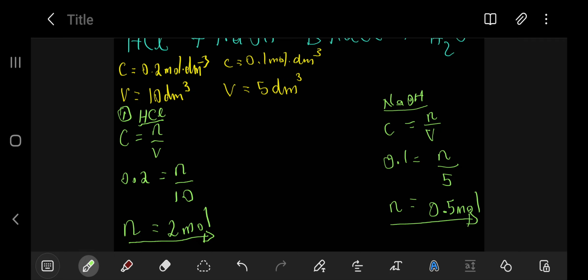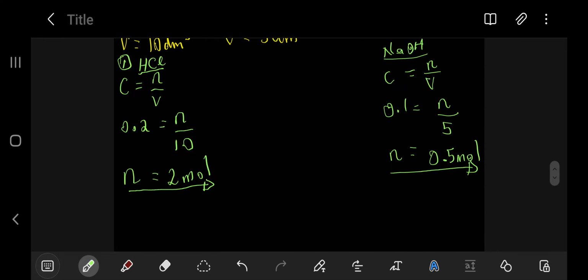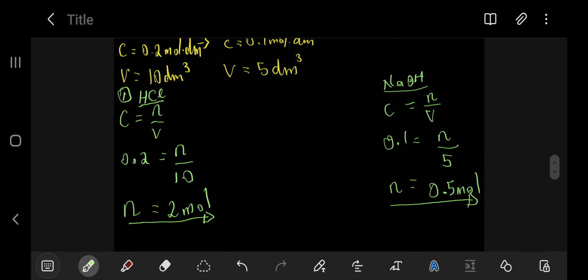And now step number 2 in determining the limiting reagent, we want to check how much of the product we can get from hydrochloric acid and how much of the product we can get from the sodium hydroxide, right? The one that produces less product is the limiting reagent, right?